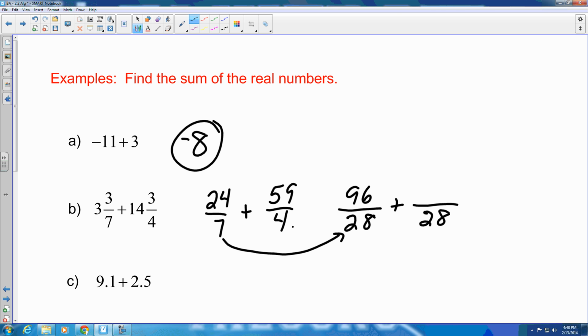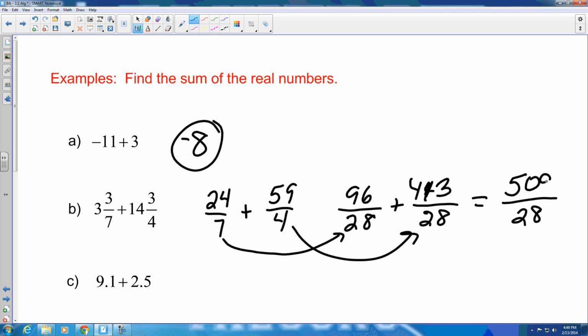And then for this one here, I had to multiply 4 by 7, so that means I have to take 59 and multiply it by 7, and I get 413. Now that I have a common denominator, I know that 28 is going to be on the bottom, because that doesn't change when we're doing addition or subtraction. And so 96 plus 413 equals 509.